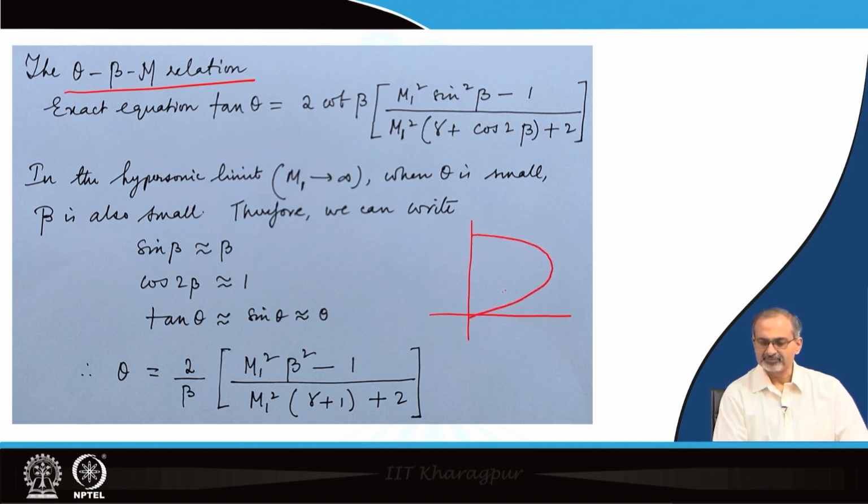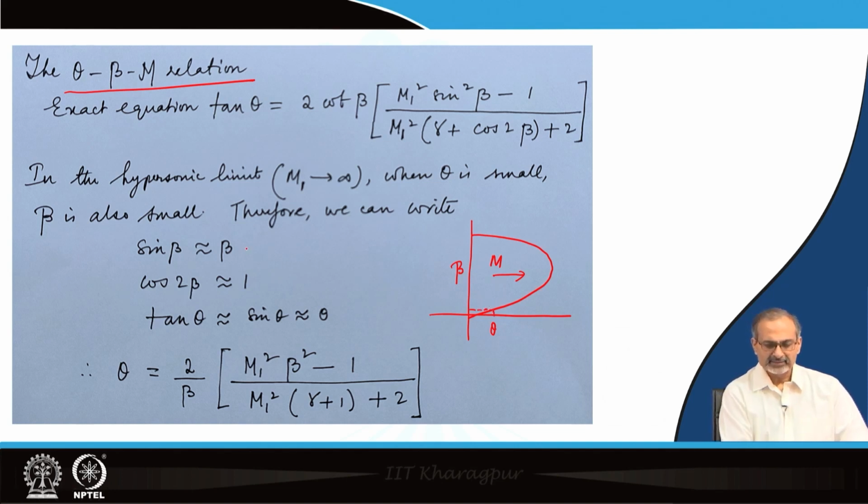You remember that as M1 increases, the curves expand, and therefore, you will find that for a given theta, the beta values are always small, and when we are talking about a small theta, the beta correspondingly also is going to be very small.